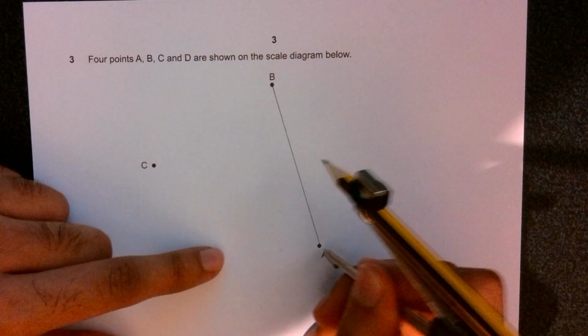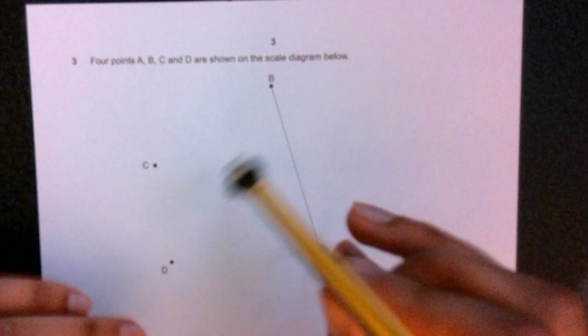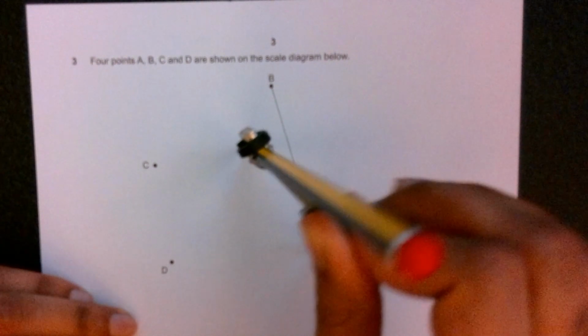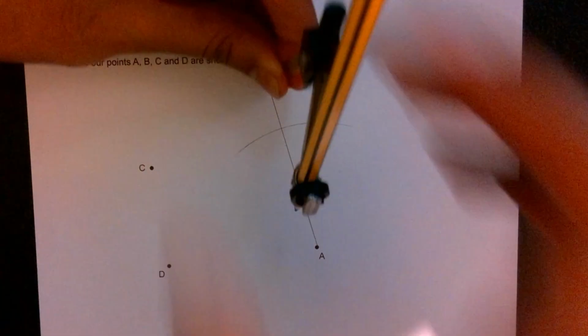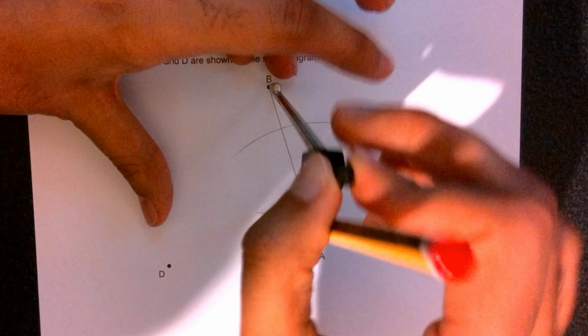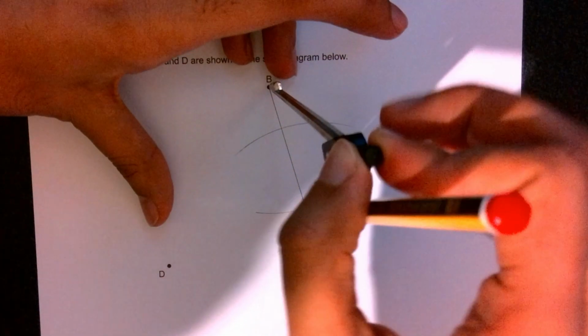So point a bit of compass on A, make sure that the radius is set to more than half the distance of AB, and then draw an arc like so. Point a bit at B, draw an arc like so.